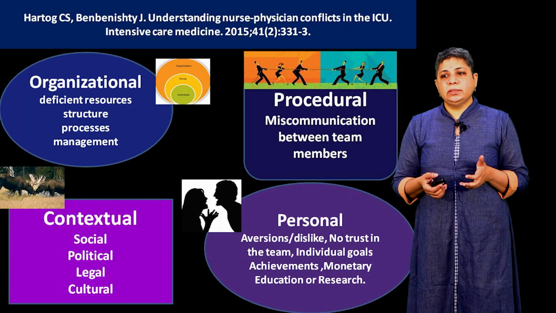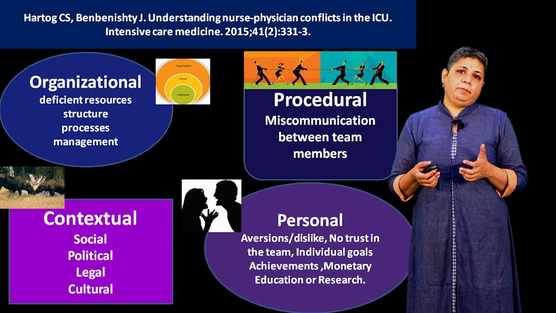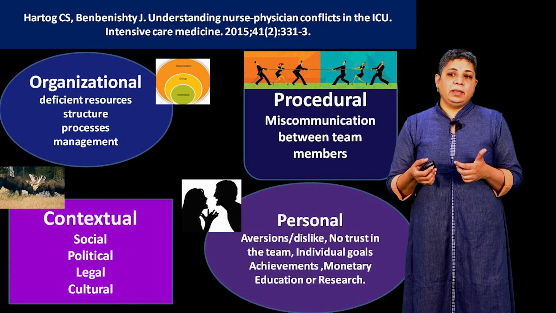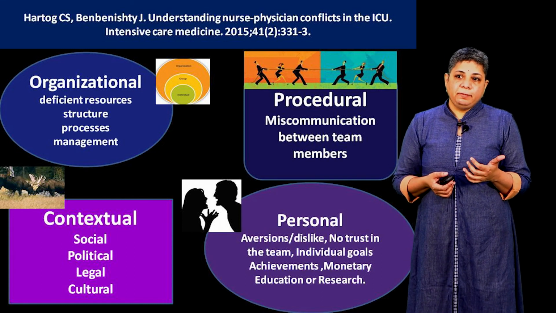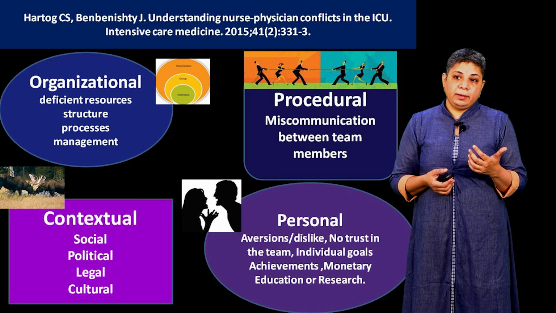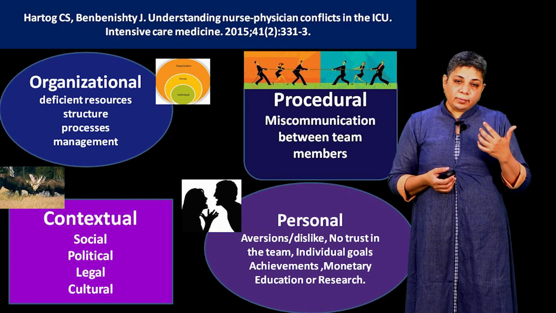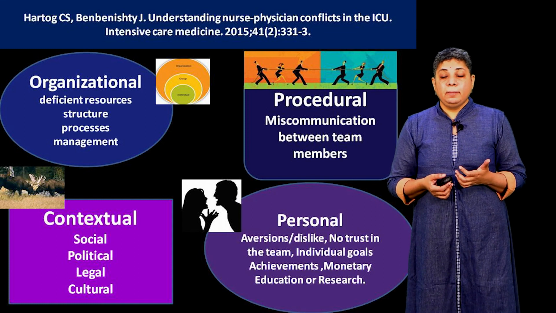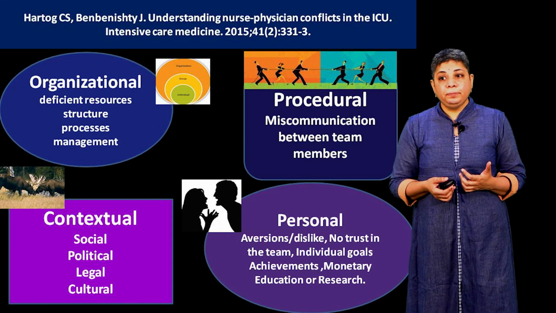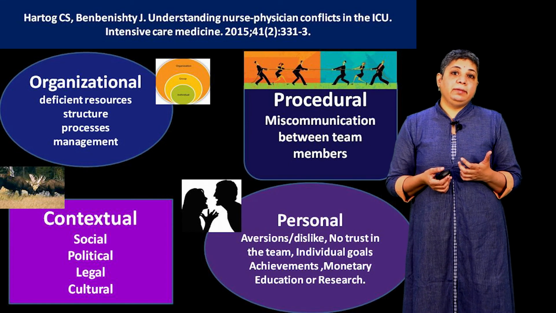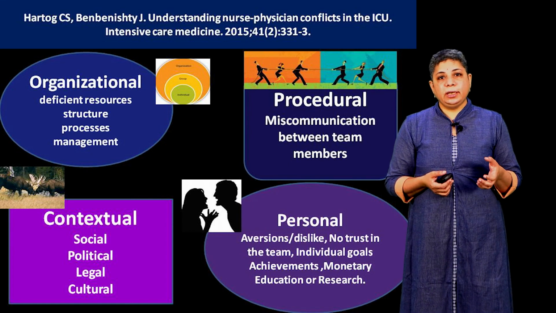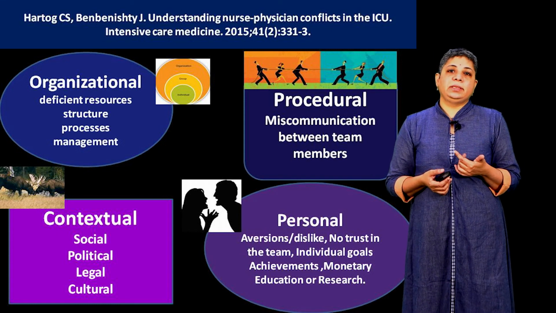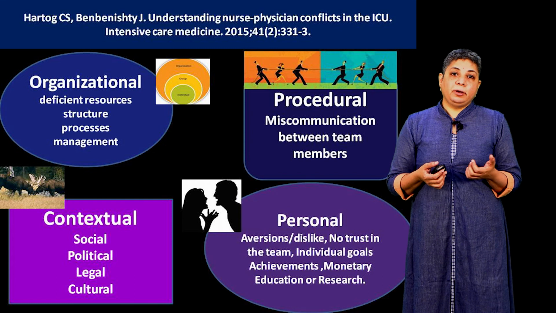Then there are several other ways of looking at it. We can look at conflict as an organizational conflict, where people are forced to work with deficient resources, structures are not properly in place, processes are not clearly defined, and management is very suboptimal. In this kind of situation, there is a lot of conflict. The other one is a procedural problem.